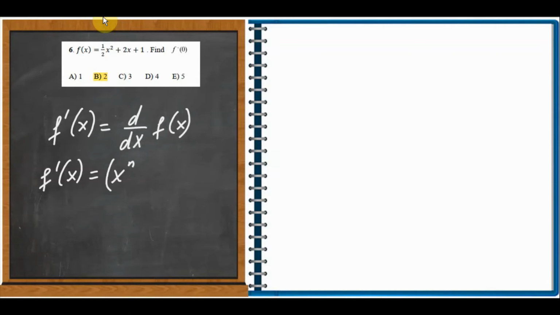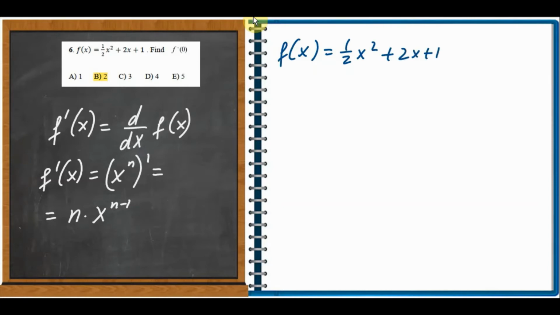For this, we write n times x to the power of n minus 1. Now, if you know this formula, it's easy to solve it. And let's do it. f of x equals 1 over 2 x squared plus 2x plus 1. We need to find f derivative of x where x is 0.